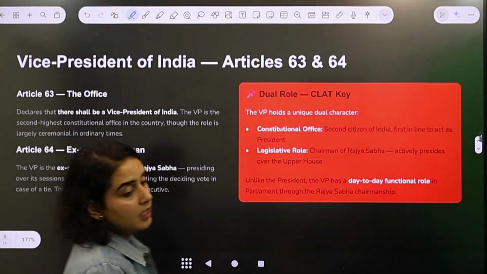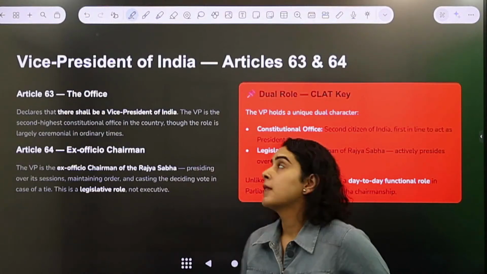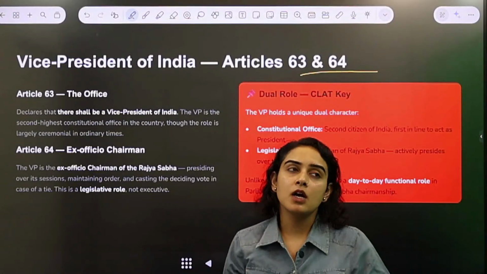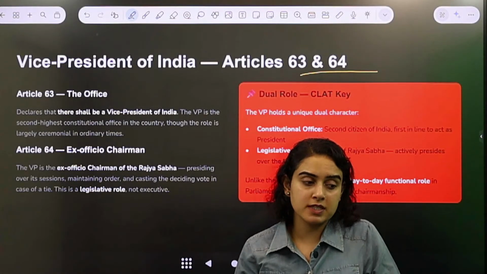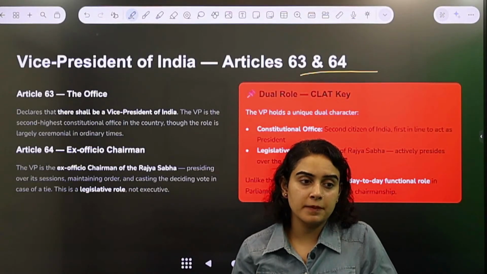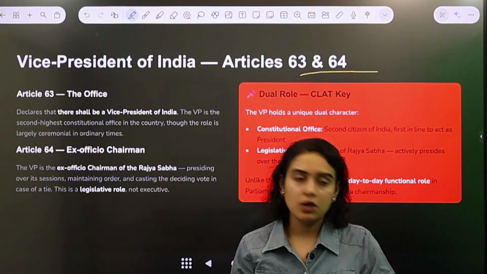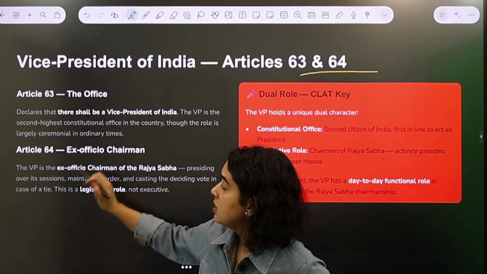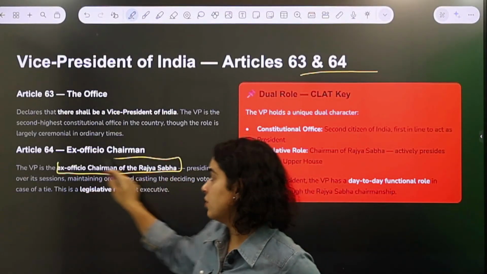There is pardon power with the president. Then we have the vice president of India. The same has been discussed under Articles 63 and 64. A lot of times it is believed, and this is a huge misconception, that the vice president is actually a part of the executive, which is not true. Why? I'll explain it to you. It is because the vice president is going to be an ex officio chairman of Rajya Sabha.